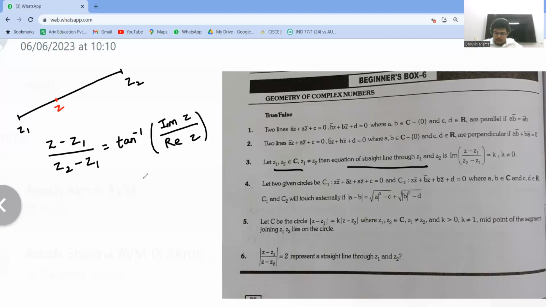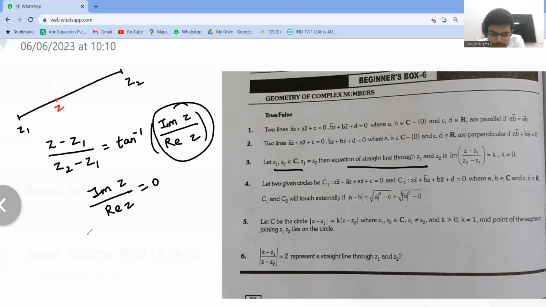But if this is a straight line, Arush, what will the angle be? The angle will be 0 degree, and if it is 0 degree, this has to be 0. Imaginary part of z upon real part of z must be 0, because tan inverse of which number is 0? Tan inverse of 0 is 0, which means imaginary part of z is 0.